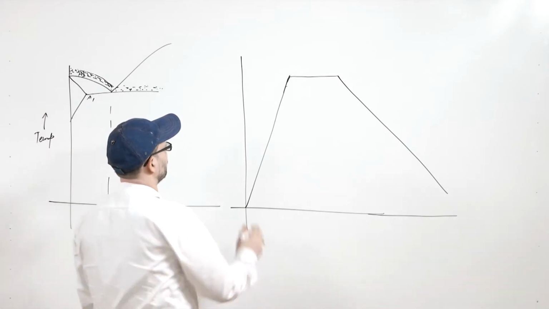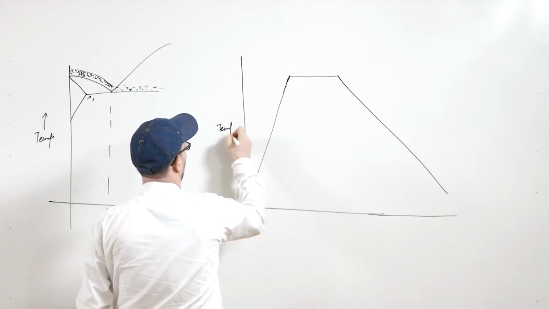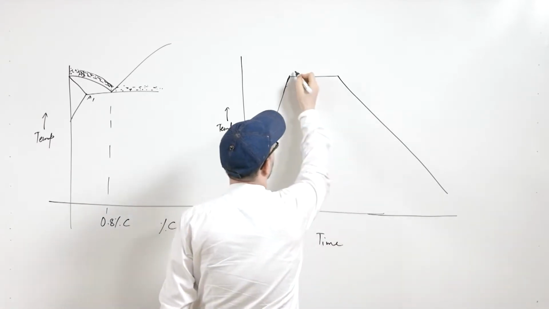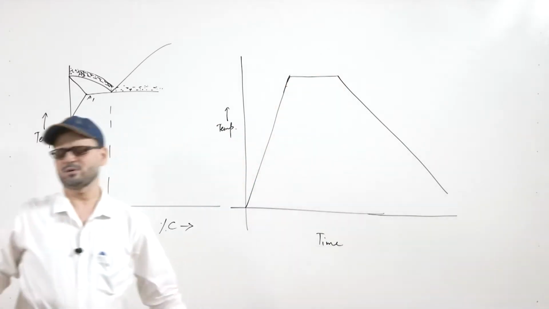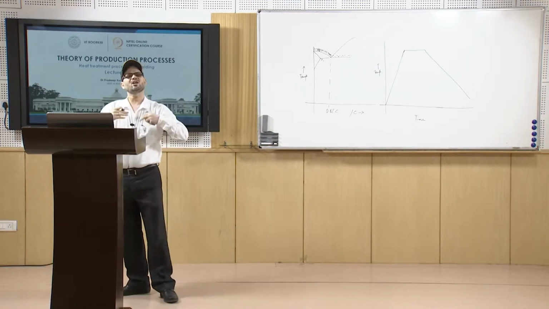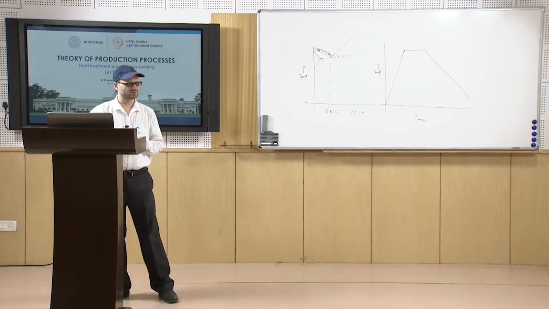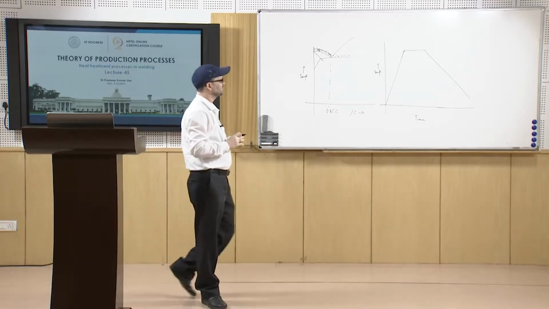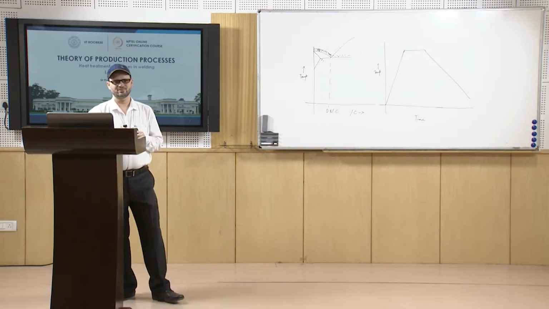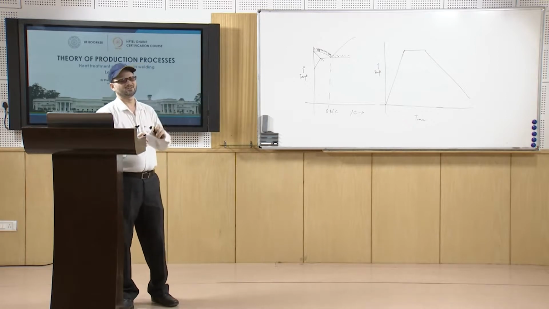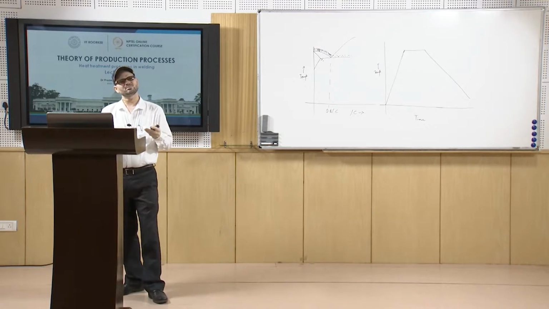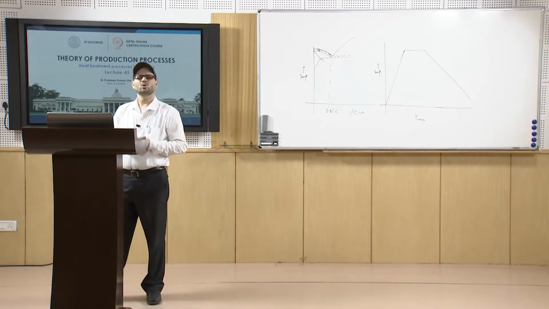So, this is your temperature and this is time. This is the holding time, and it is normally from 1 hour to 2 hours depending upon the section thickness, and on average we call it about 2.5 minutes per mm section thickness. So, suppose you have some centimeter thickness, you have to convert it into mm and multiply it with 2.5. So, that many minutes will be your holding time.